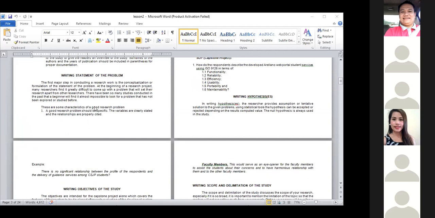The first major step in conducting a research work is conceptualization. As what I have discussed to you guys last meeting, statement of the problem is considered as the heart of the research, no? So napakahalaga niyan. If your statement of the problem is wrong, the entire document is wrong already.